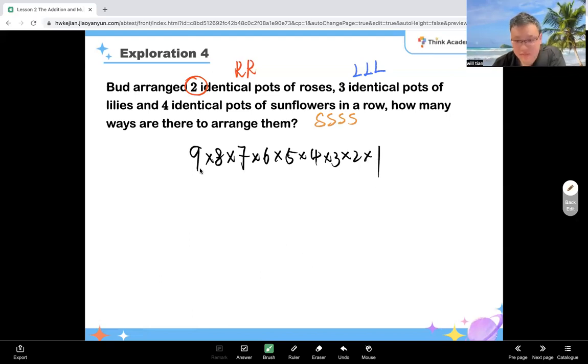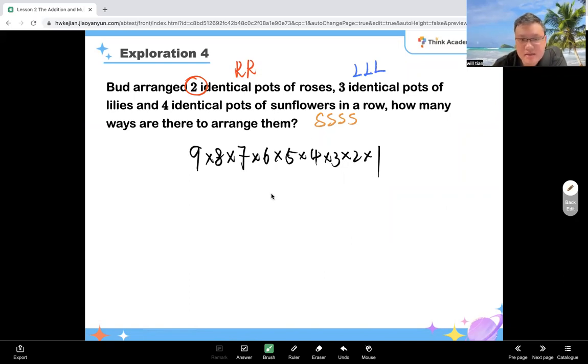Right? You're gonna count from 9, and yes, it's 9 factorial, right? All the way to 1. That will be the total ways if you put 9 different flowers in a row. Because for the first place, you got 9 different choices. For the second place, you got 1 less than that, and until you got 1.